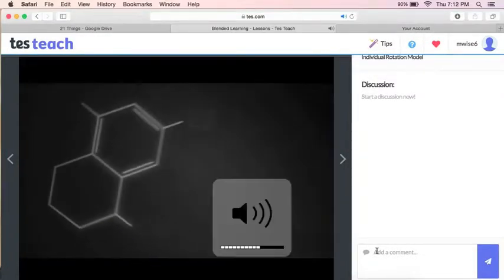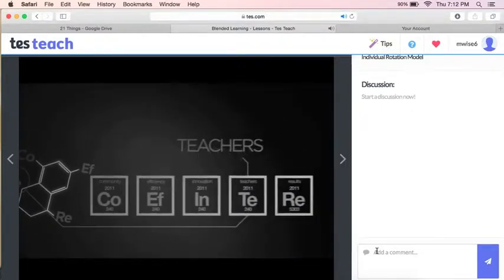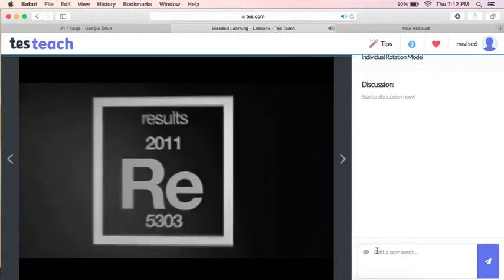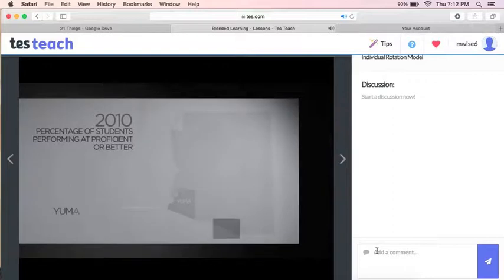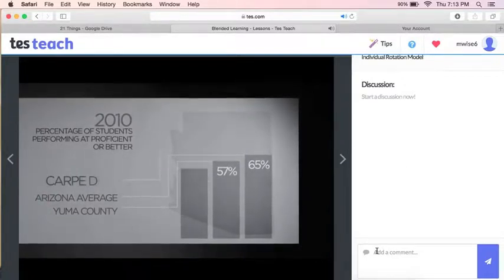What are the elements that make up a great school? The rarest element, of course, is results. In Yuma County, Arizona, the average school has about 57% of their students performing at proficient or above. In Arizona as a whole, it's about 65%. But here in Yuma, there's a school doing things a little bit differently, and their results speak for themselves.